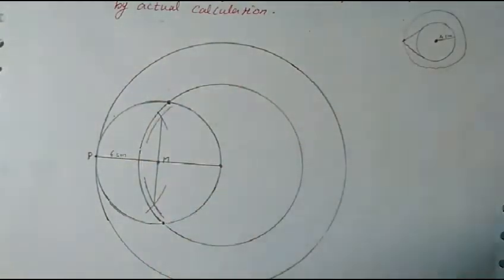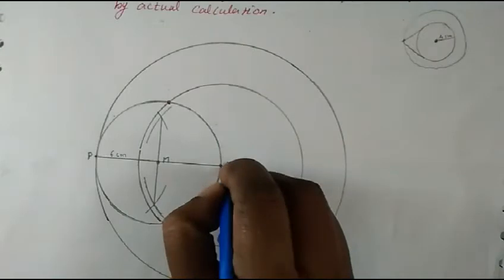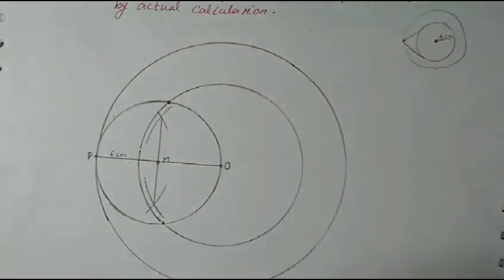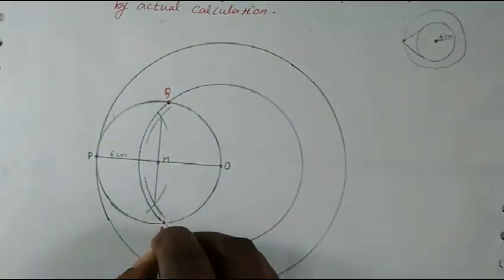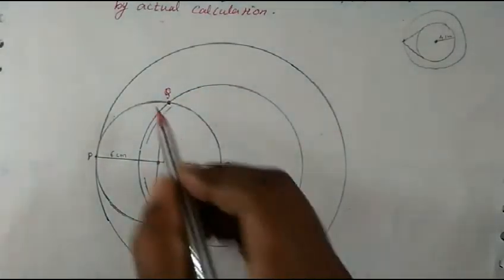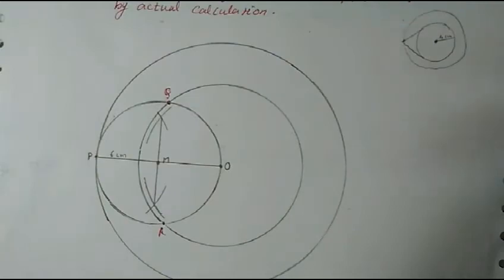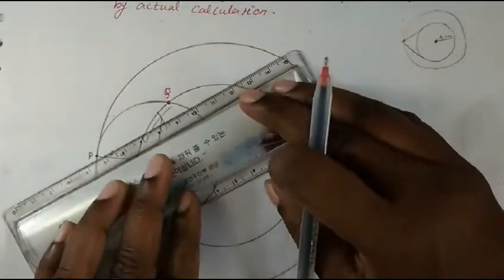This is O, the center, the origin. We name these points Q and R. Now let's join the tangent. This is our tangent. So join P with Q.